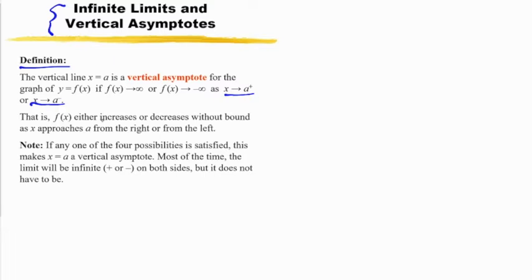So we should be familiar with saying increases without bound or decreases without bound as x approaches a from the right side or the left side of a. Another note, if any one of the four possibilities is satisfied, this makes x equal to a vertical asymptote. Most of the time the limit will be infinite, whether it's positive or negative infinity, on both sides, but it does not have to be.